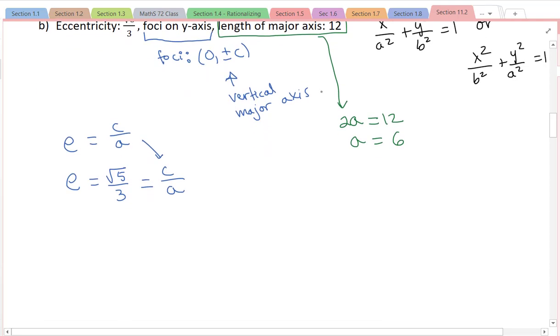So now I can go back to my eccentricity and plug it in there. So the square root of 5 over 3 is equal to c over a. We just found a to be 6 because of the length of the major axis. And solve for c.